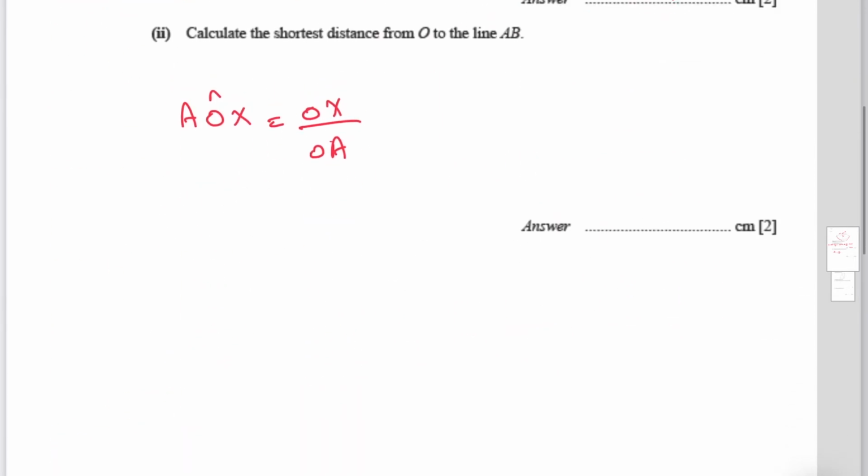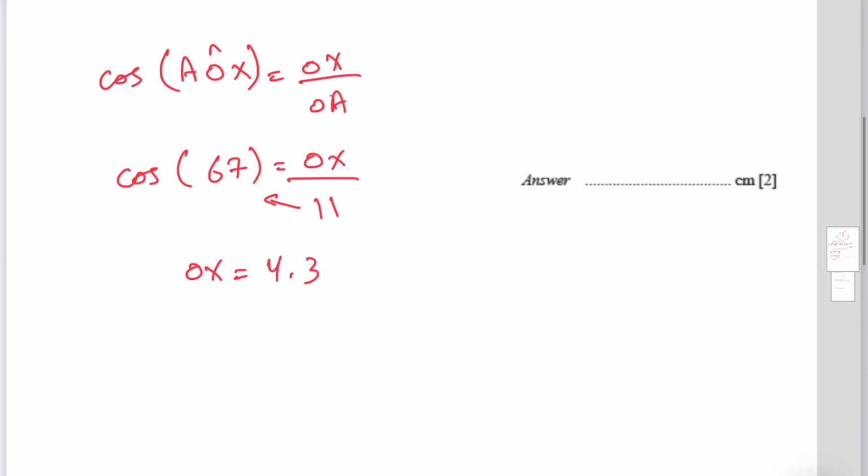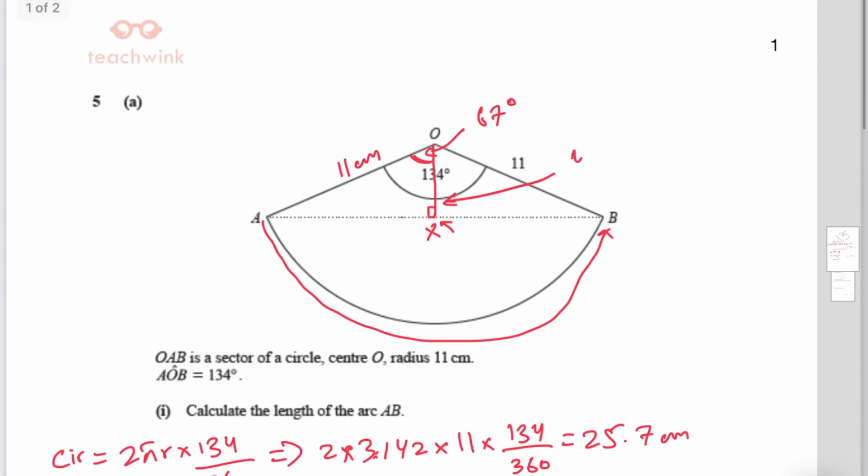So we use cos AOX. The angle AOX we just found was 67 degrees, OX is what we are looking for and OA is 11. So OX would mean that we multiply 11 with cos 67. Let's do that. 11 times cos 67 gives us 4.3. So the length is 4.3. This right here is 4.3.